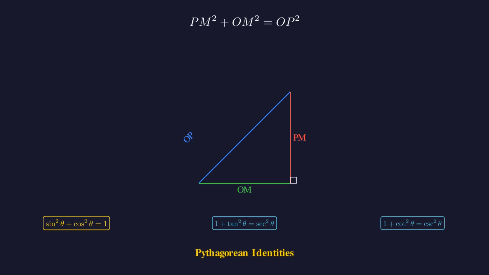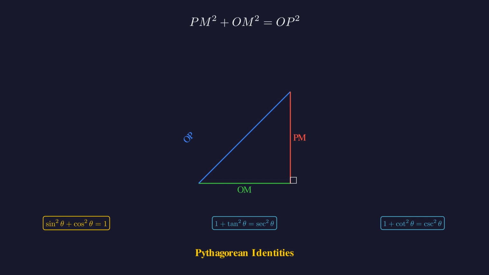MP over OP, that's sine. OM over OP, that's cosine. So we get sine squared theta plus cosine squared theta equals 1. That's the first Pythagorean identity, and it might be the single most important equation in trigonometry.